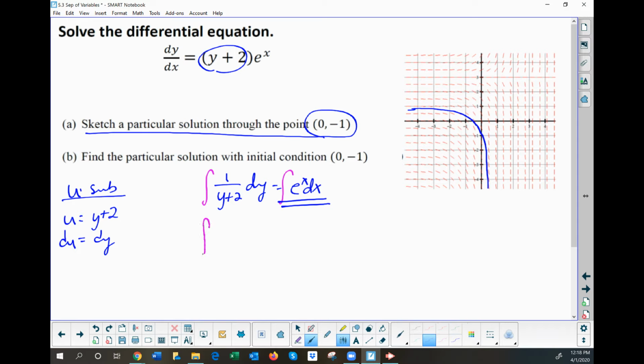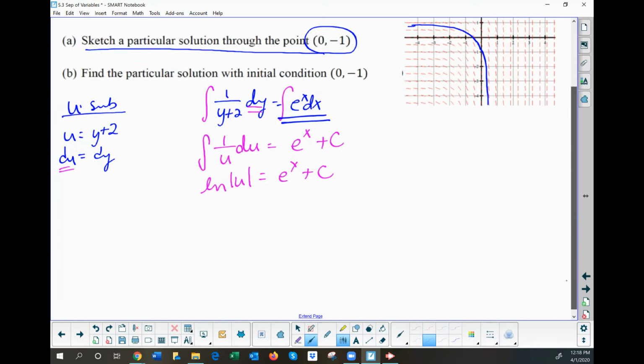On the right side, easy, I'm going to go ahead and process out that integration. 1 over u is natural log absolute value u, which is equal to e to the x plus c. And now in order to get rid of natural log, let's switch back to our y value there. I don't want u's in this one.